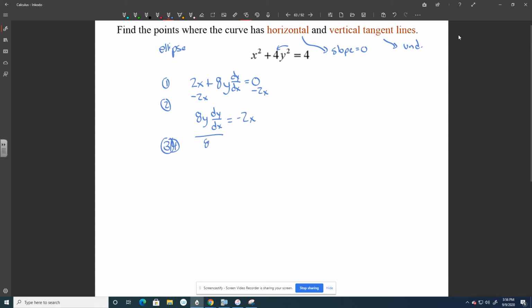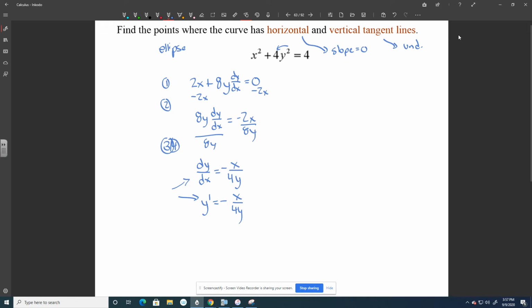So I'm going to divide by 8y, and I'm going to divide by 8y over here. So my function becomes dy/dx is equal to -2x over 8y, which leaves me a 4 and a y on the bottom when I simplify that fraction, which is the same thing as saying that y prime is equal to -x over 4y. So this is my formula for slope, right? That's my derivative. It just is written in a different way.